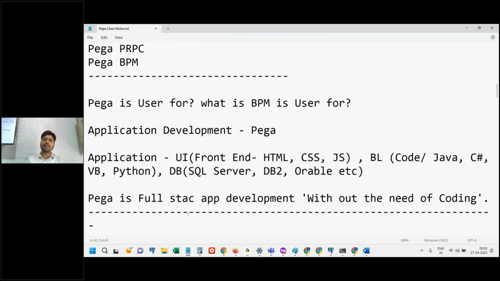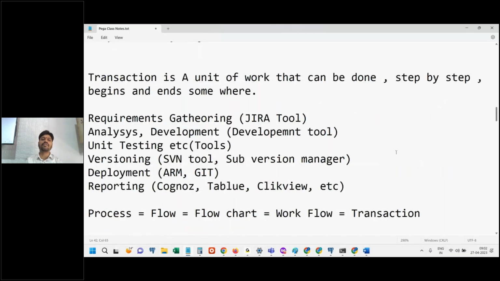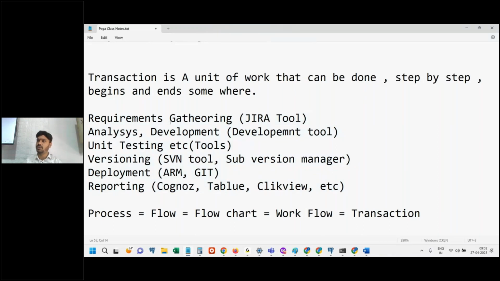PEGA is used for application development. BPM platform is used for application development, where by using BPM, we can implement all phases of development by using a single unified platform. That is the BPM platform. Requirements gathering, development, unit testing, versioning, deployment, reporting, even more.